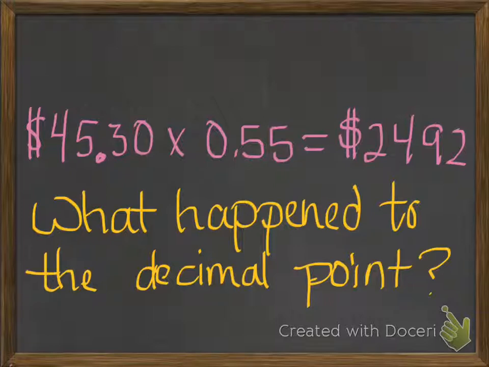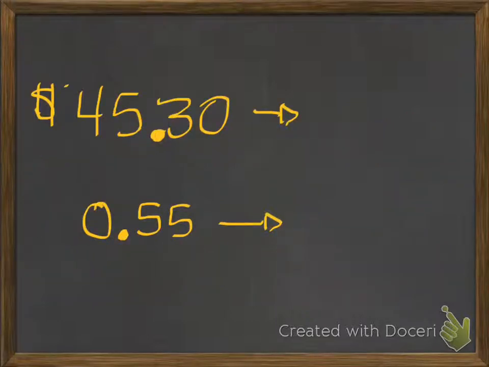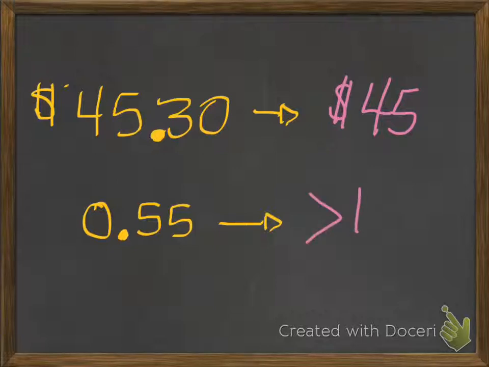We're going to figure that out without doing the multiplication, just using our number sense and figuring out what would be the most reasonable answer. So $45.30, well, that's awfully close to just $45, right? And then 0.55 is less than 1. In fact, it's really close to a half. So if you can think about what's half of 45, or if you're not sure, what's half of 44? Half of 44 is 22.